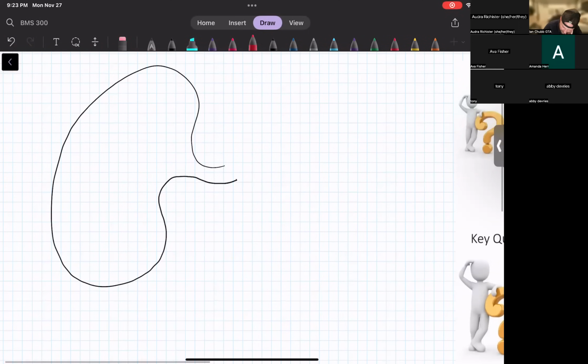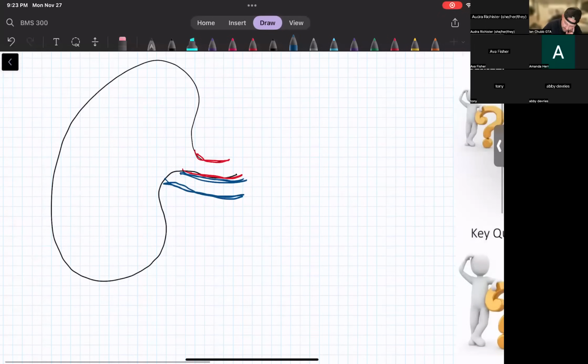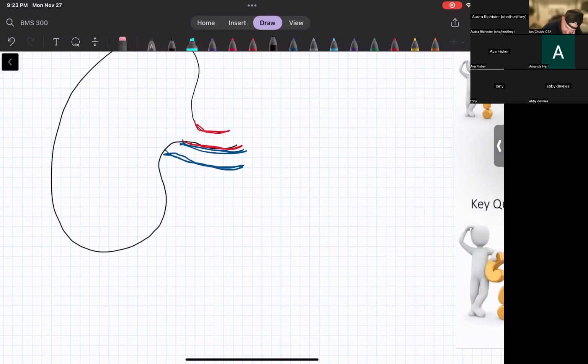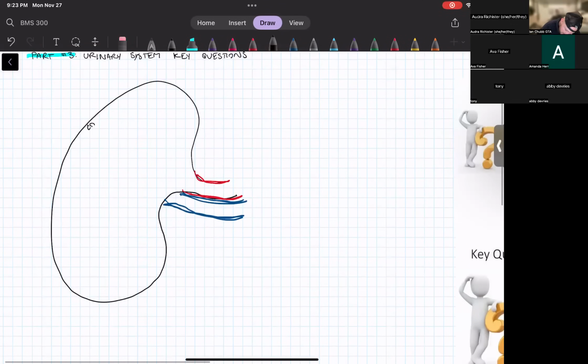So the kidney has a renal artery, has a renal vein. When we look at the kidney itself, we're going to have a cortex as the outside surface, and then we're going to have what we call the medulla. So we'll say this is the renal cortex. And then as we get deeper, will be the renal medulla.